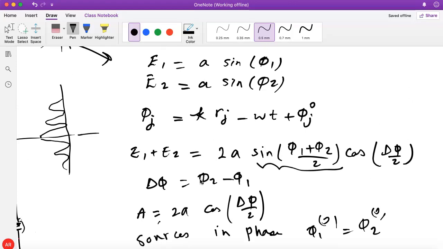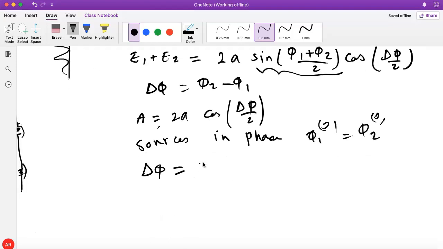So then this one just becomes the phase difference we've been calculating, right? 2 pi over lambda delta r, where delta r is again the difference between the length traveled.